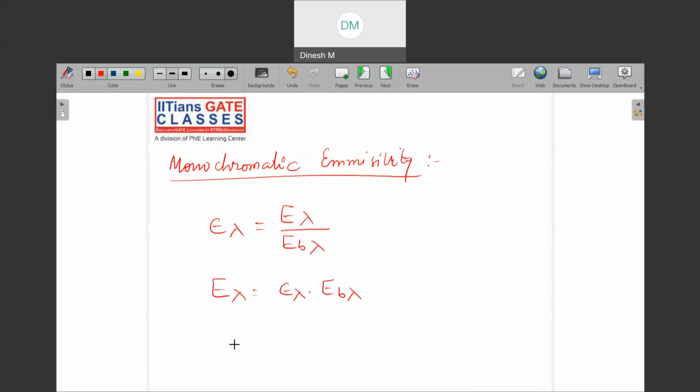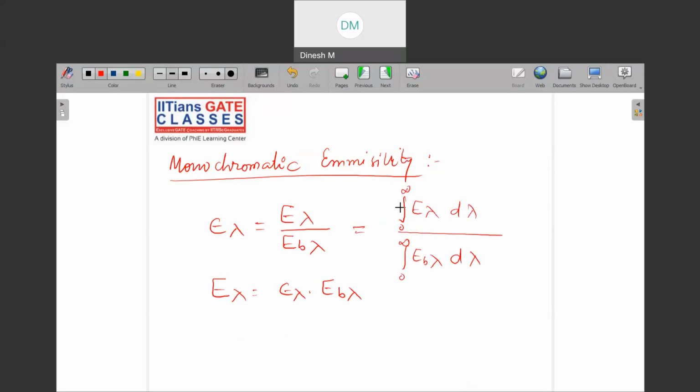Then now if you are willing to find out the ratio, can I write this as the ratio of integral 0 to infinity E lambda d lambda divided by integral 0 to infinity EB lambda d lambda, right?